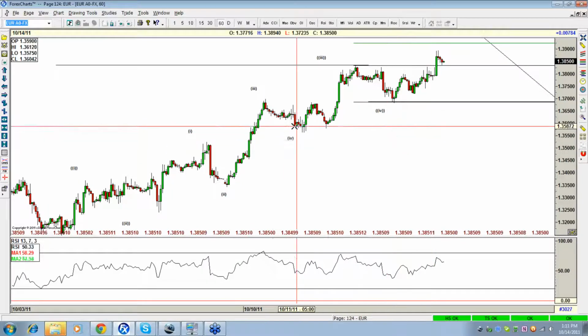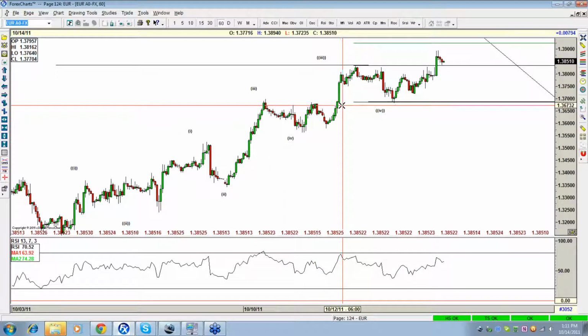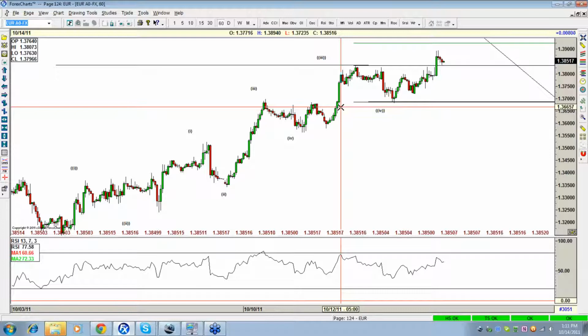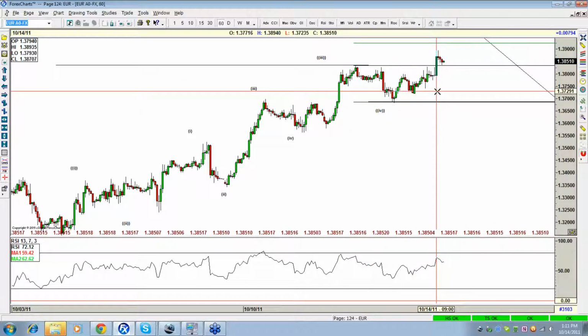You're going to see how wave 3 makes the higher peak. Then you have the peak of wave 3, the end of wave 3, and today you got the peak of wave 5.